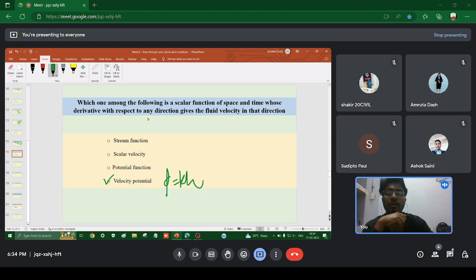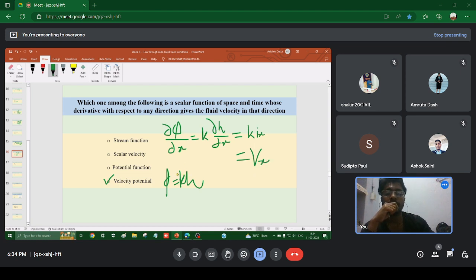So derivative with respect to any direction: with respect to x, del phi by del x, k is a constant, so it will be k outside, del h by del x. What is this? Head by length, that is i. So k i x. And what is ki? Ki is the velocity in the x direction.